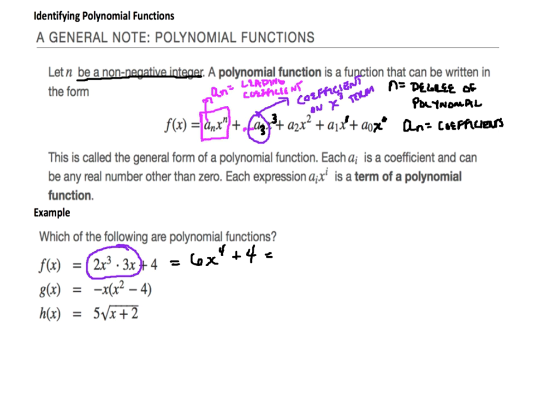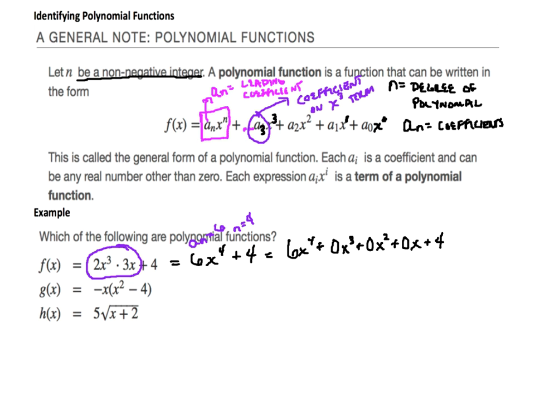In this case, my a sub n would be equal to 6, and my n is equal to 4, because it's a 4th degree polynomial. But if I expanded it out to see all of the terms that could potentially be there, I would have 6x to the 4th plus 0x cubed plus 0x squared plus 0x to the first plus 4.